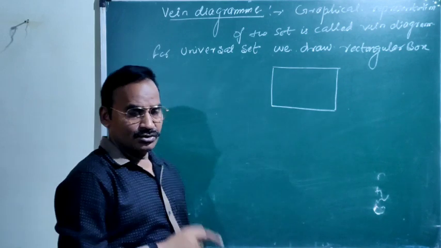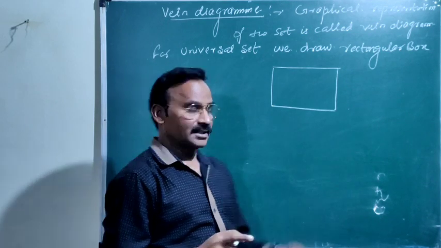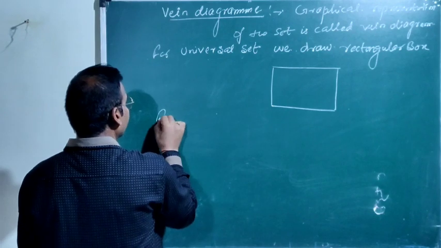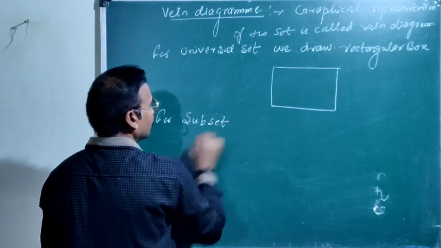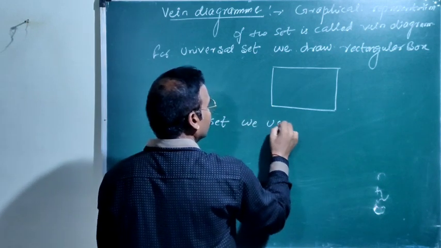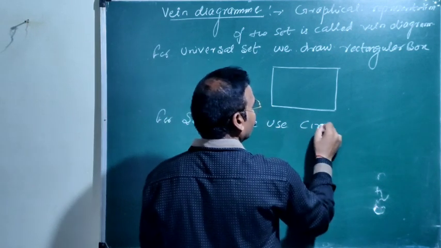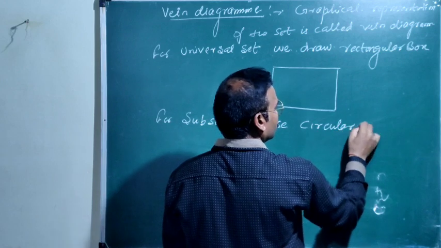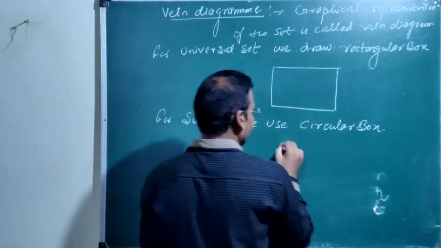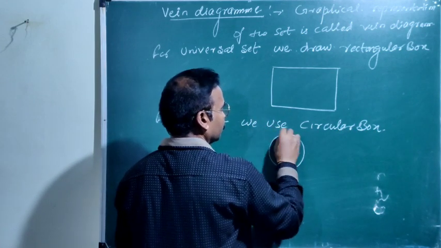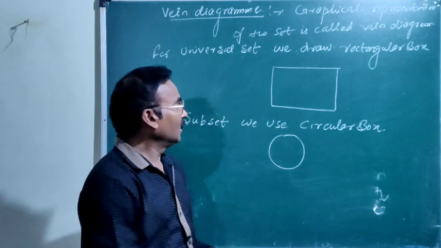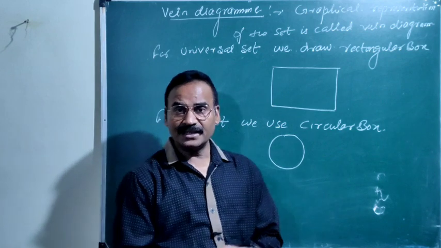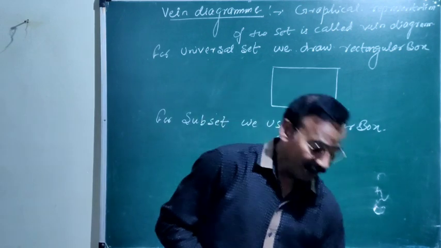This notation is used for the universal set. For a subset, we use a circular box like this. The set that can be represented in such a manner is a Venn diagram.